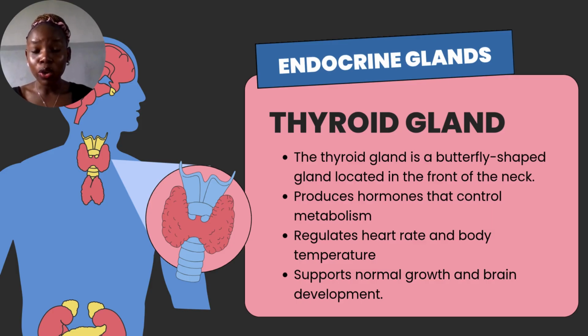The oversecretion of thyroid gland results in a situation we call gigantism, and the undersecretion of this thyroid gland results in dwarfism. So by the time you see someone that is a giant, it is not because the person is out of this world, it's because the person has oversecretion of thyroid hormone, and dwarfs have undersecretion of thyroid hormone.